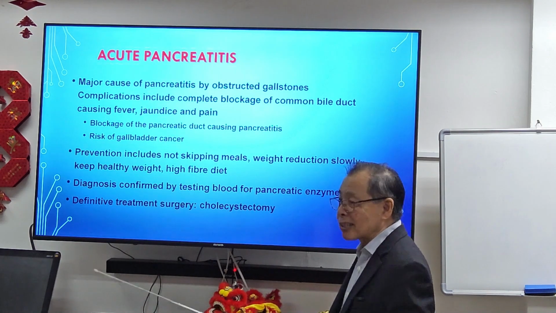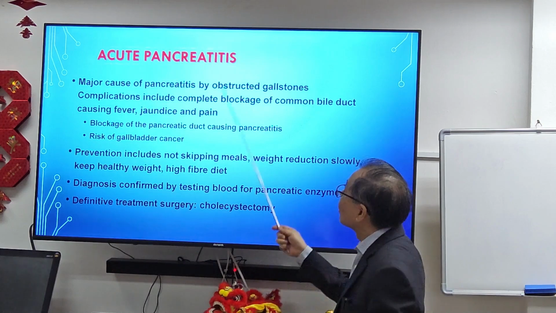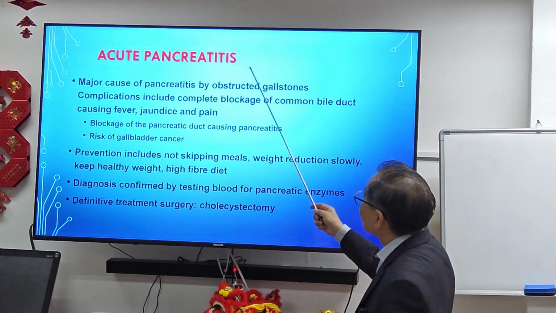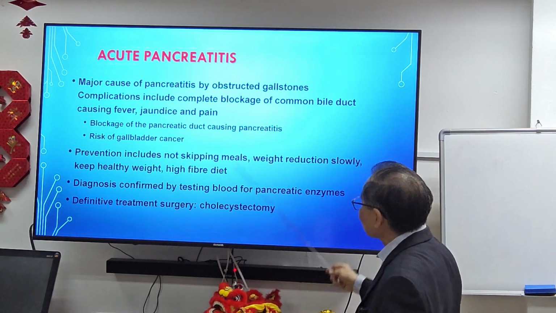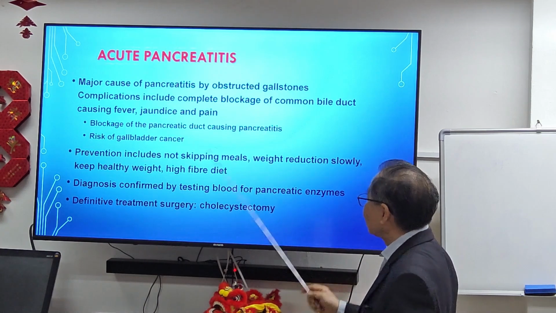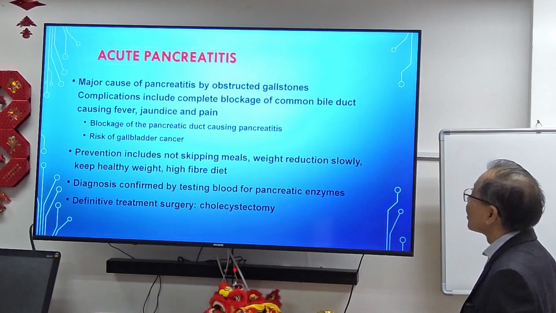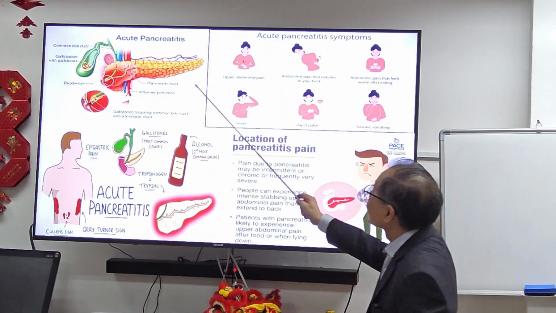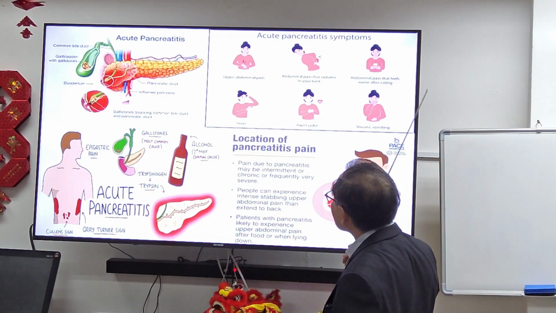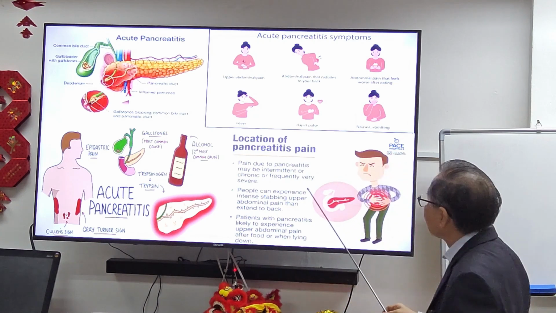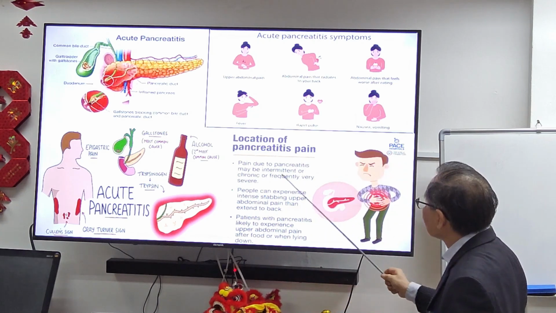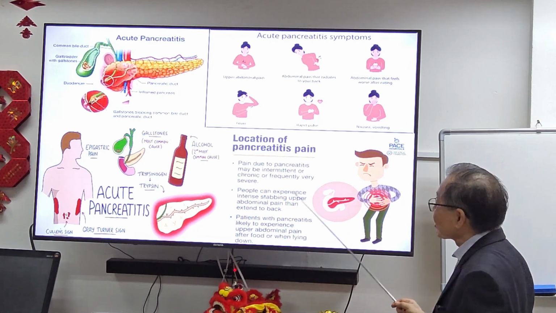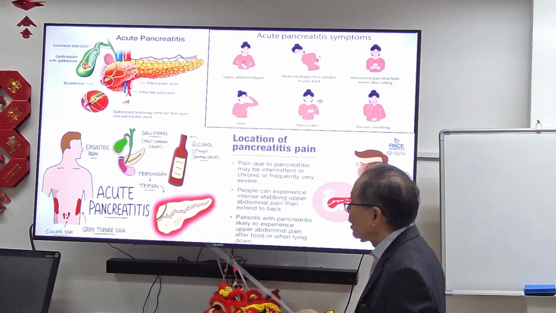In the case of acute pancreatitis, the treatment is slightly different. But in the case of gallbladder disease, where it is due to the blockage that gives rise to the pancreatitis, it is still remove the gallbladder. So that's what pancreatitis is. Okay. Pain of pancreatitis may be intermittent, chronic, or frequent. The pain of pancreatitis is quite unique.